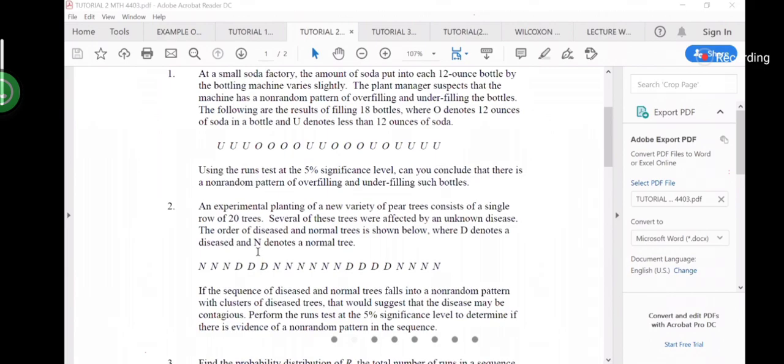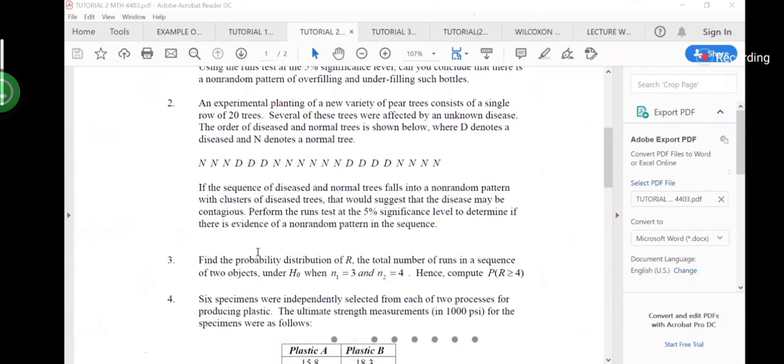Number 3, compute the probability R greater or equal to 4.